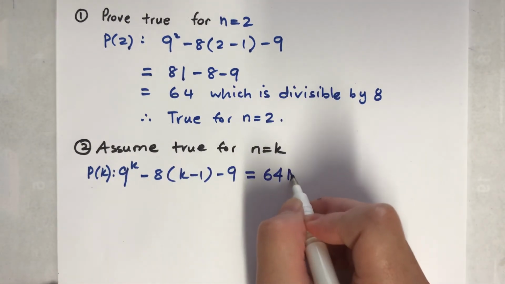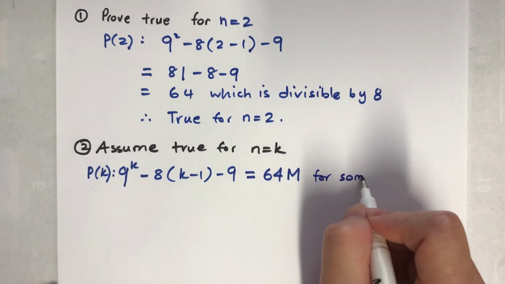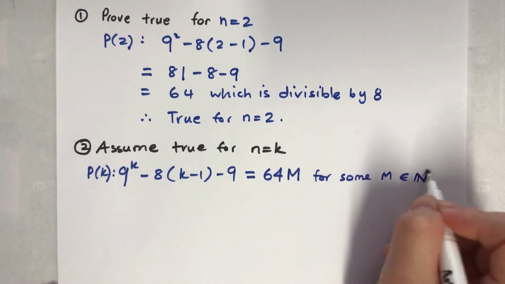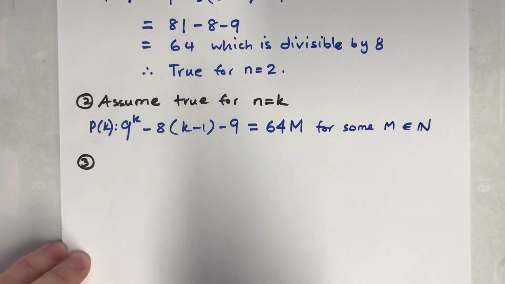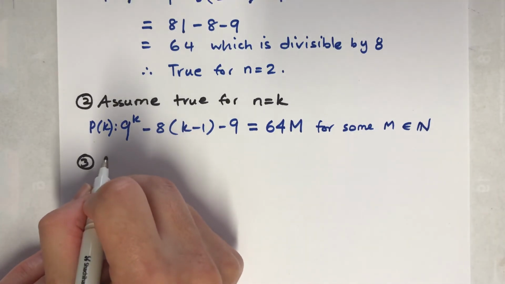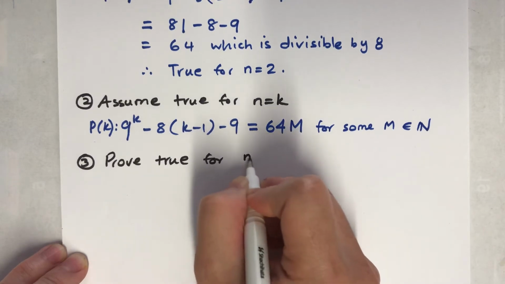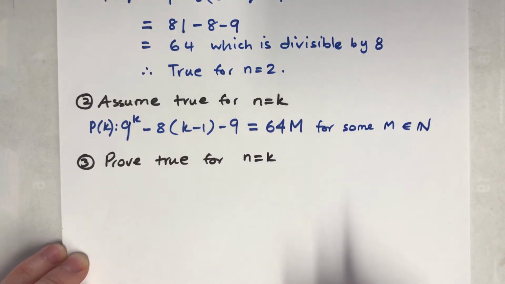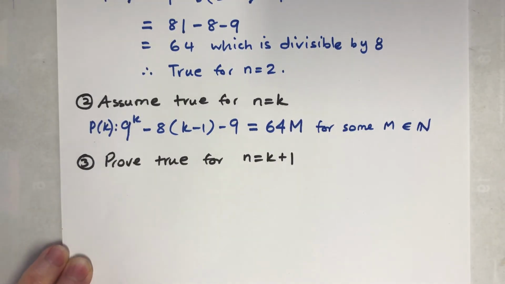I'm just going to stick with my same capital letters, positive. Okay. Step 3 will be prove true for n equals k plus 1. Are we okay with that? Yeah. For this one, it doesn't really matter because it's not odd or even. Okay, so it's okay with that one.